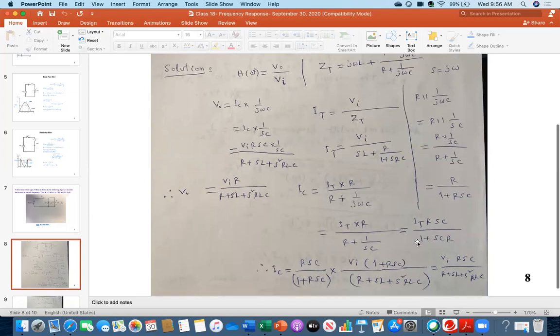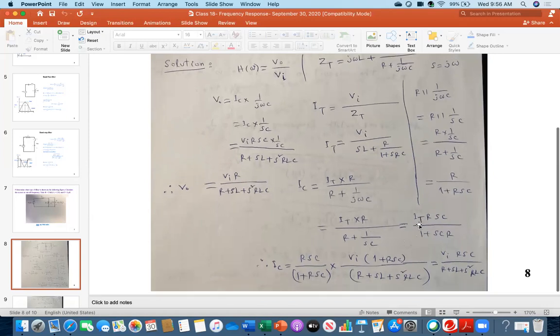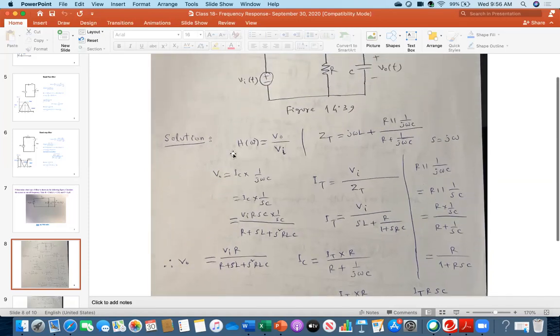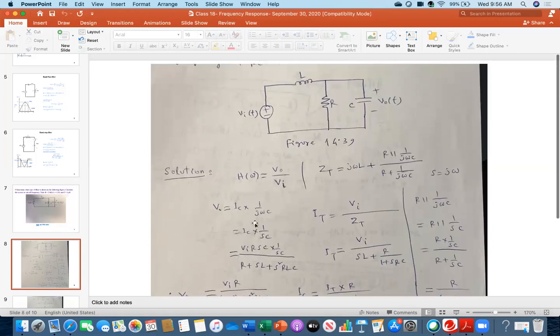And then in the IC, I am getting IT, but this is my IT. I am substituting the IT value there. So finally, I am getting this one in that format. So my IC is VI multiplied by RSC and divided by this one. And then this is my IC. You substitute this IC in that equation, which is my V naught, because actually I am calculating the V naught.